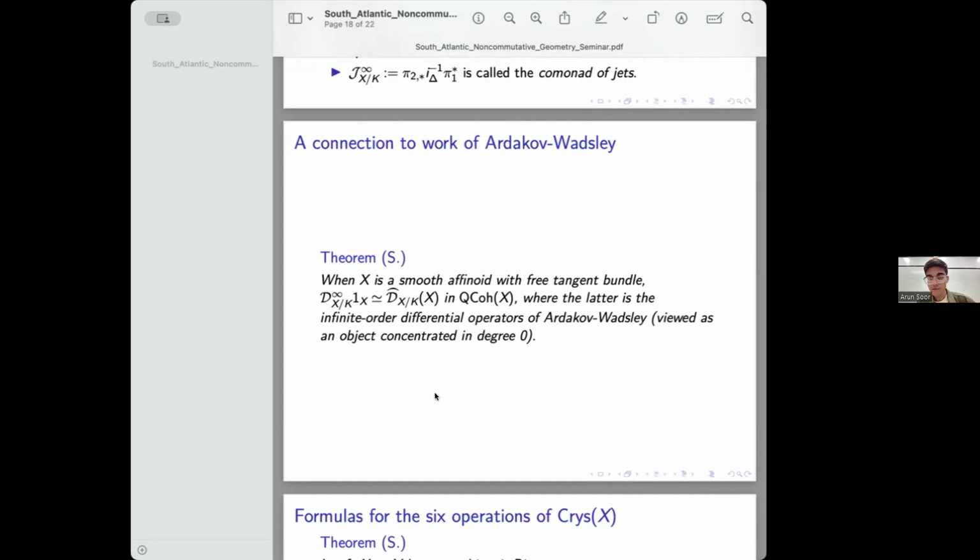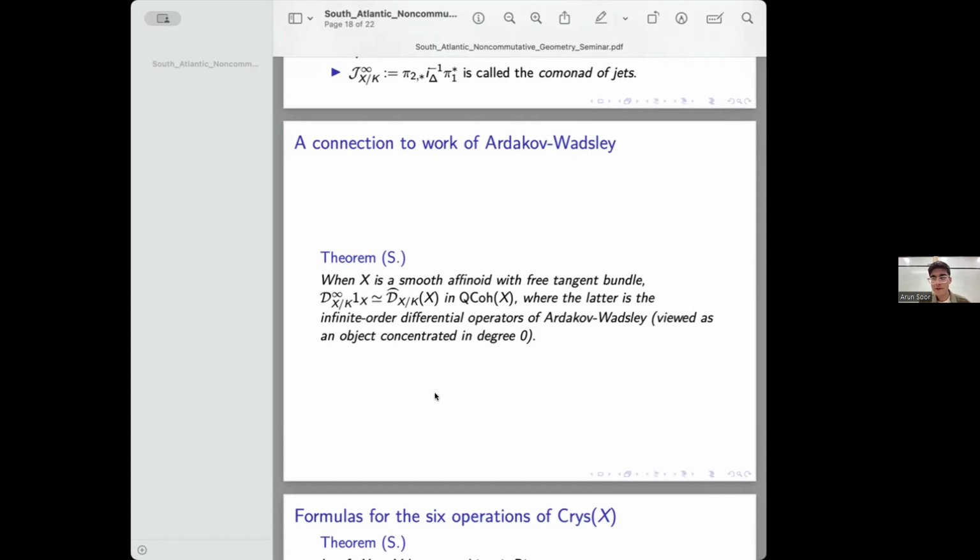Sorry, I'm not familiar with the work of Ardakov and Wadsley, but is the requirement that the tangent bundle be free related to the fact that they only consider that case, or that you cannot do it when it's merely projective?